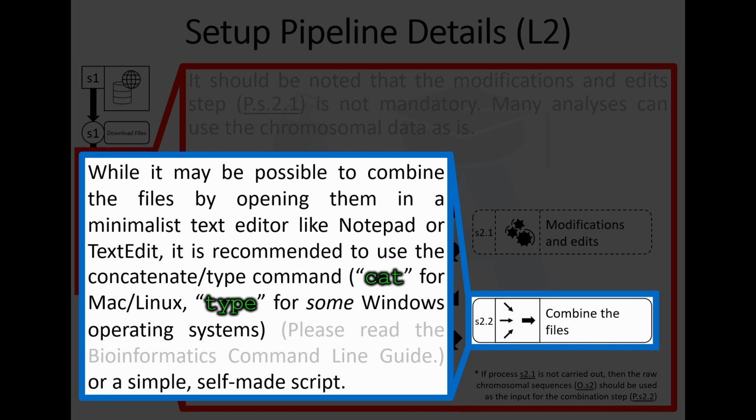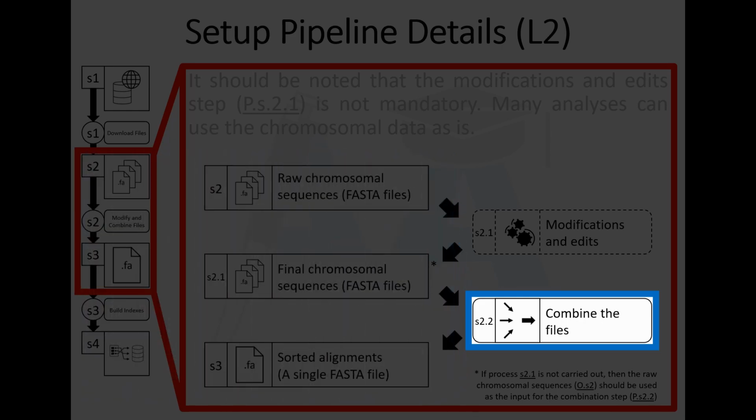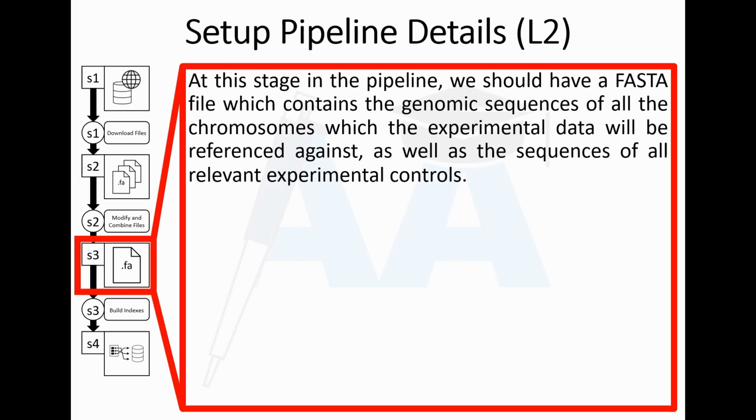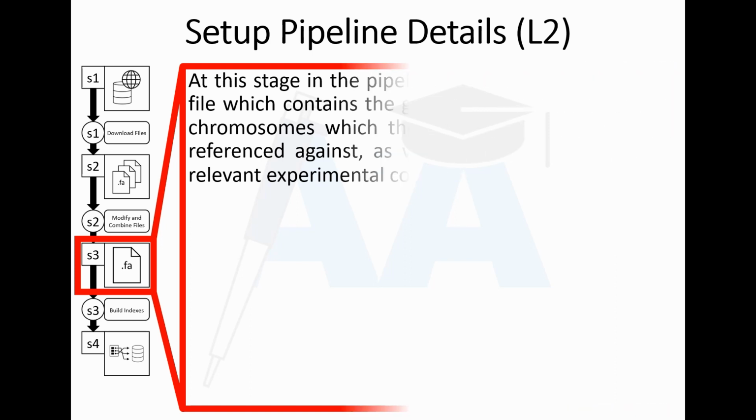For the first option, please refer to the command line guide, while the second option requires rudimentary programming ability. After the modification and combination step, we now have a single FASTA file which contains all the chromosomes we need for our reference genome index.